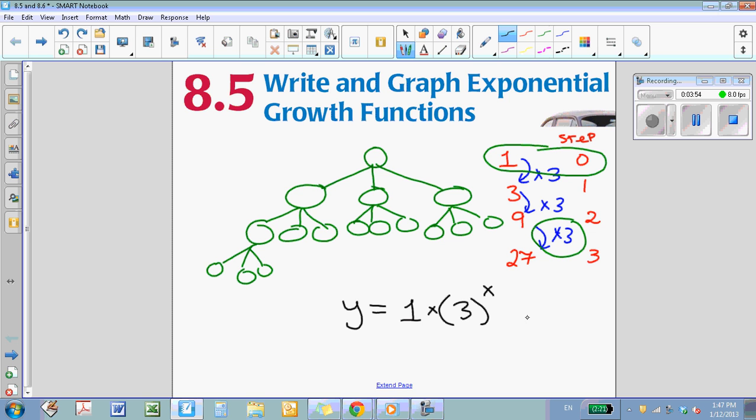This is an example of an exponential function, and it's always going to have the same format. This is going to be the 0 value, and this is going to be the growth factor. So how fast are you growing? Are you multiplying by 3 or something else? So the 3 goes in here, and then the 1, that was your step 0, goes in here. So that's how you get an exponential function.